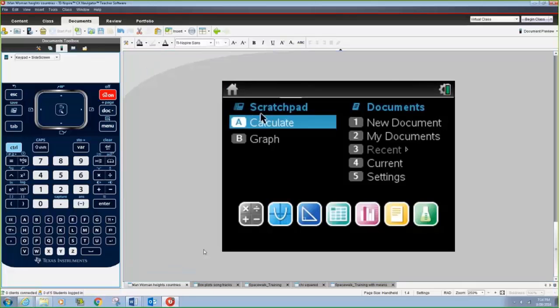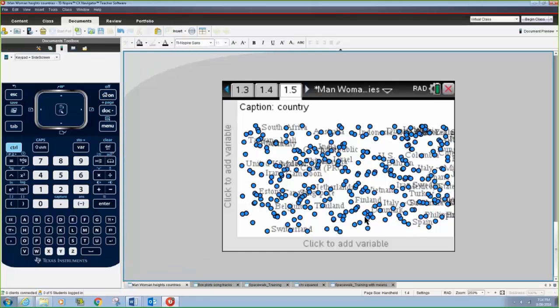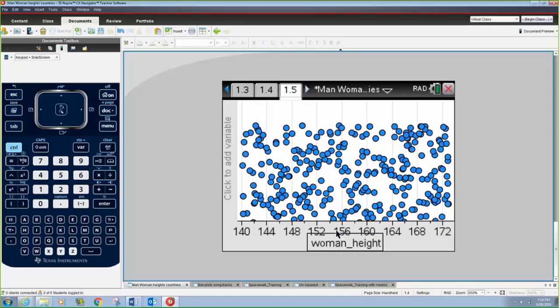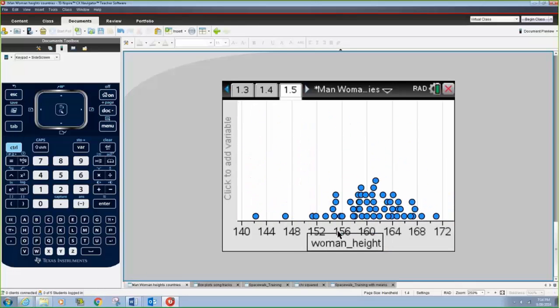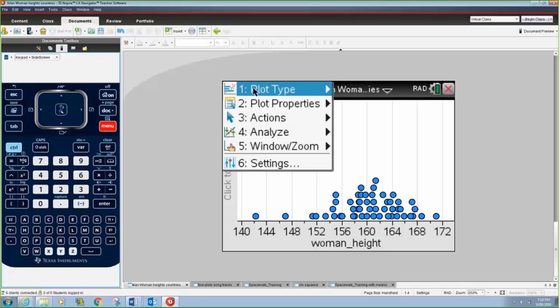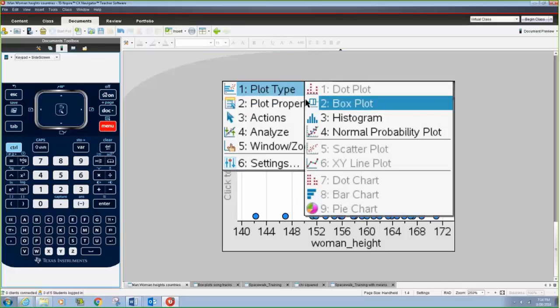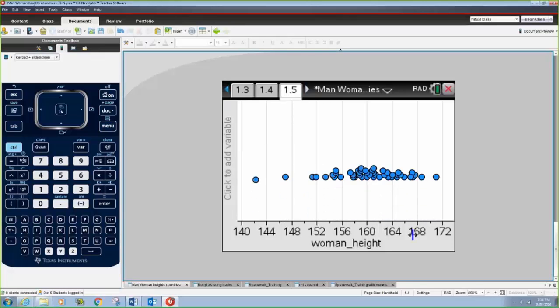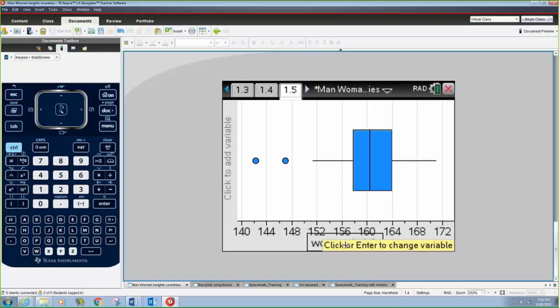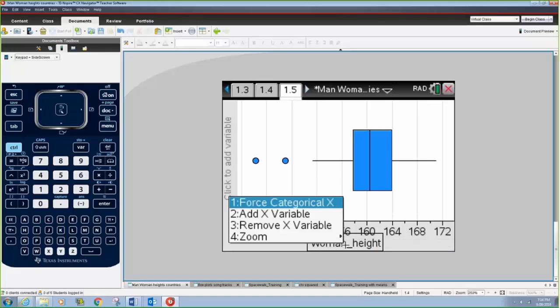So now it's a slightly different procedure if we do the box plot and we want to have two. So the first one we do in the same way. So we change to a box plot. But now, if we want to do the next one, I press the right click on the computer, but students need to go over there and press control menu.